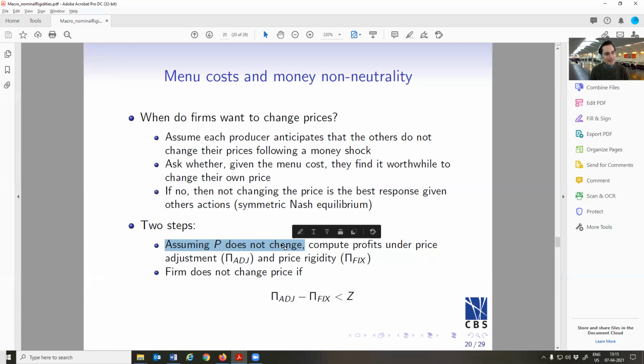It's not that I want this model to precisely match everything about the world. Rather, it's an existence proof saying that this mechanism, which you might have thought wasn't enough to explain why firms don't change their prices, actually can be enough because of the interactions between the elasticities and the small menu costs. So there's my best lawyer's defense of this model.